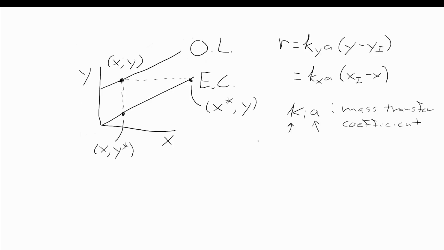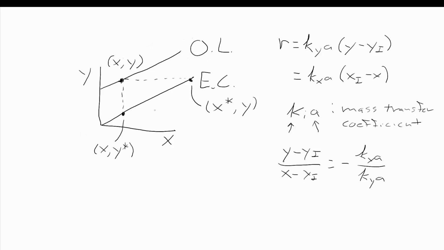All right, if this is the case, we can rearrange these equations, and we get that Y minus Yi over X minus Xi is equal to negative Kxa over Kya.